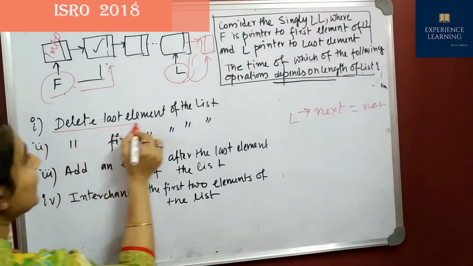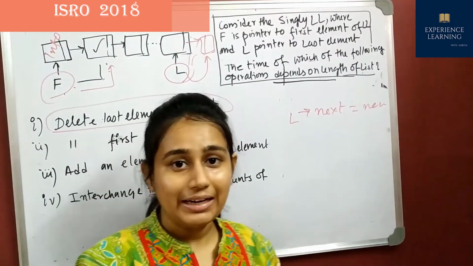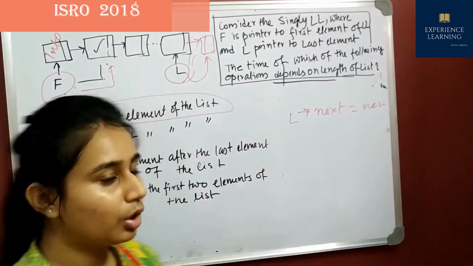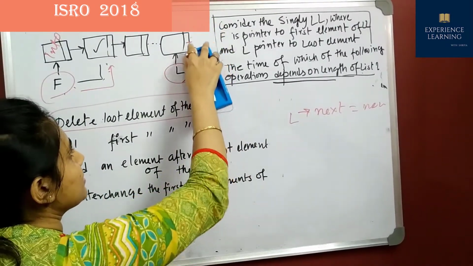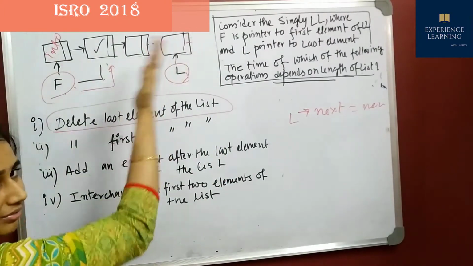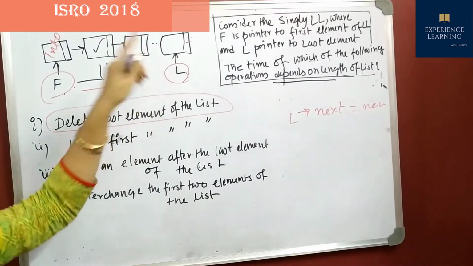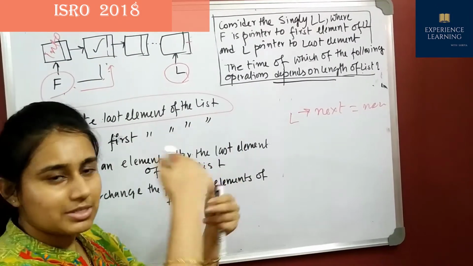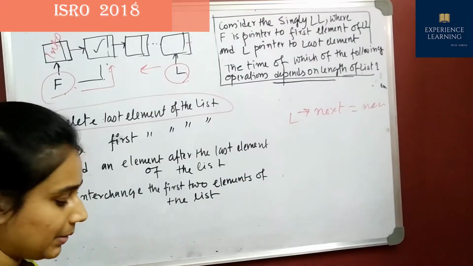Now delete the last element of the list. See this option. As it is a singly linked list, you cannot traverse in the reverse direction directly.